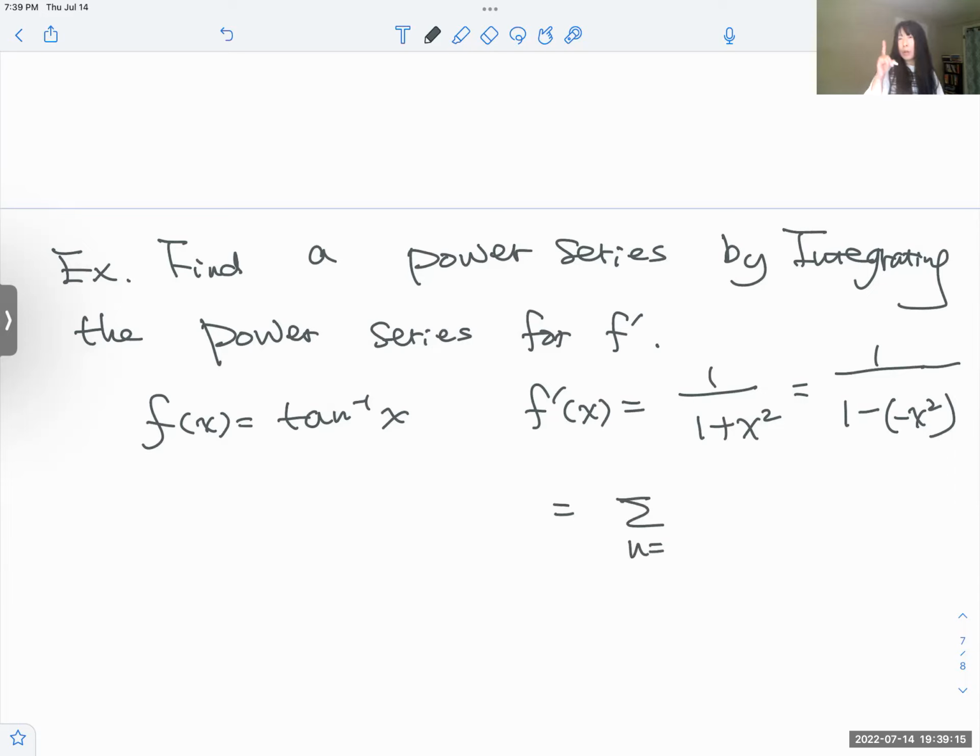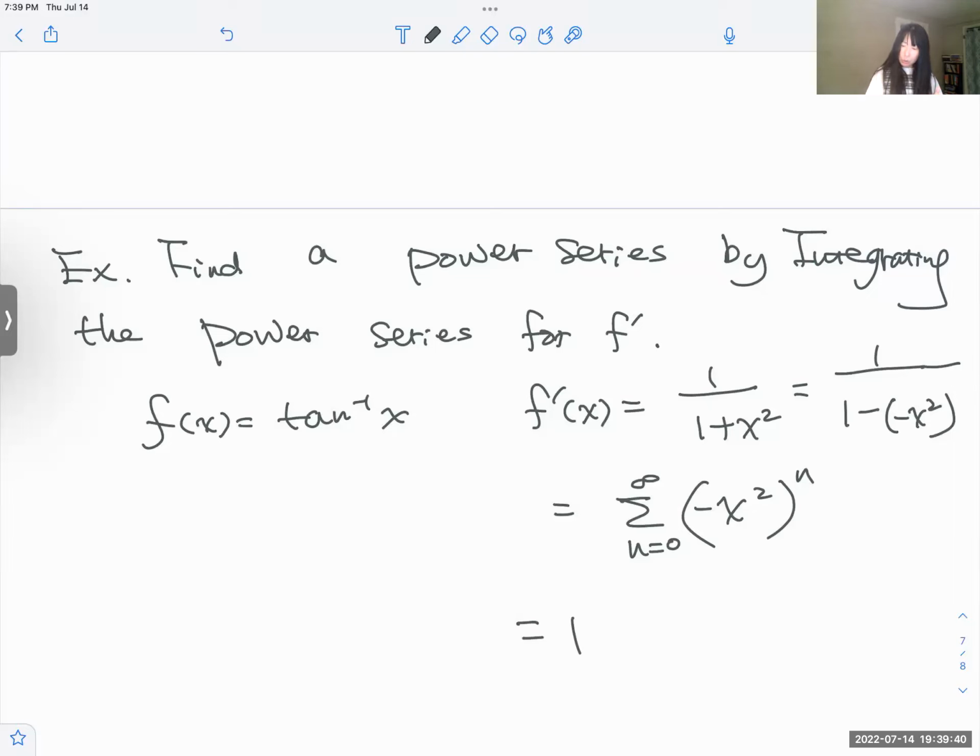Think 1 over 1 minus x, that is the series x to the n power. So we will have negative x squared to the n power, n from 0 to infinity.